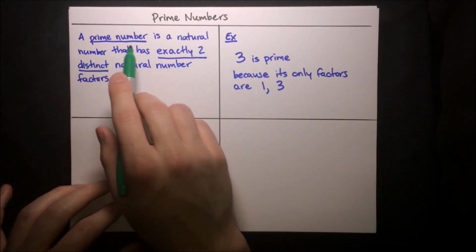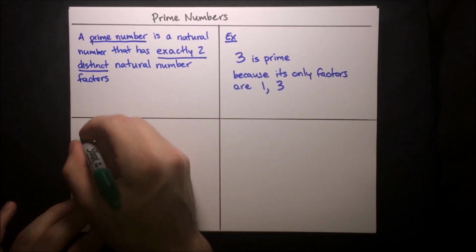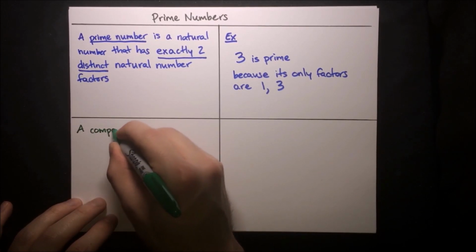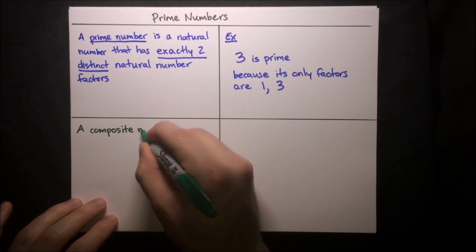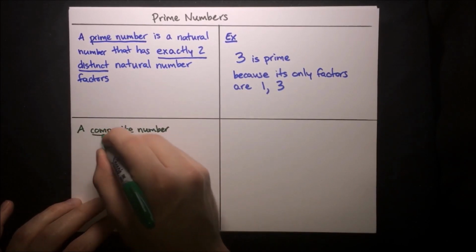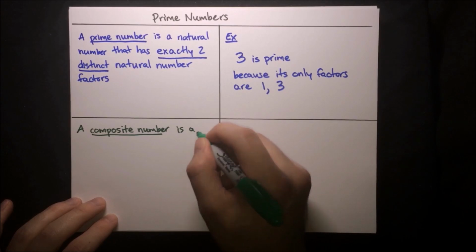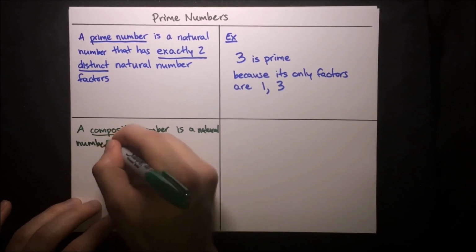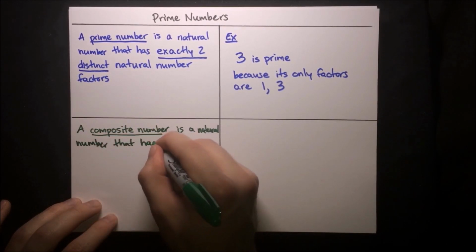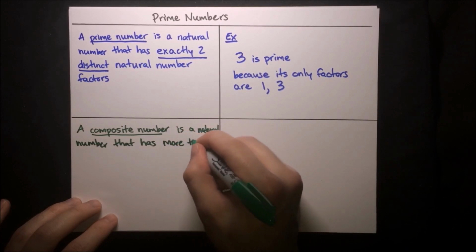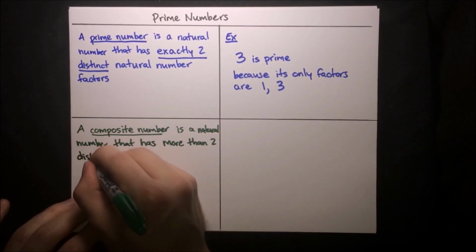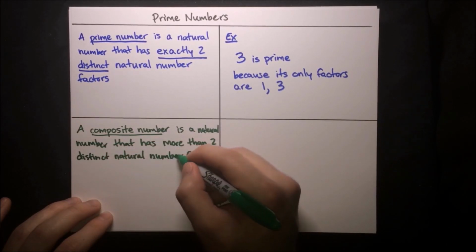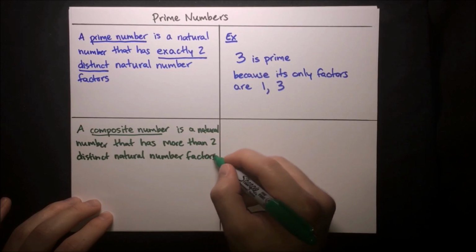Now when we talk about prime numbers, we also often wish to talk about another category of numbers called composite numbers. And the way we define composite numbers is like this. A composite number is a natural number that has more than two distinct natural number factors.